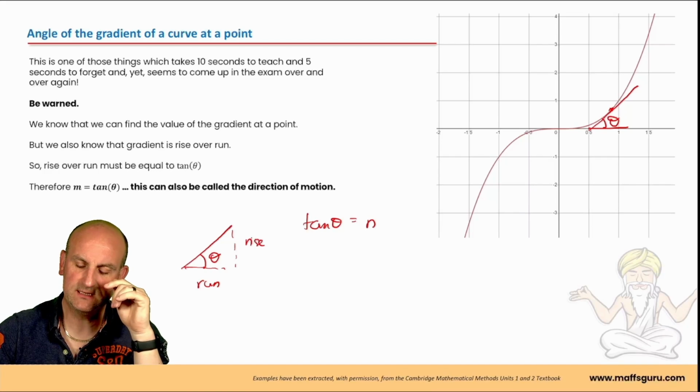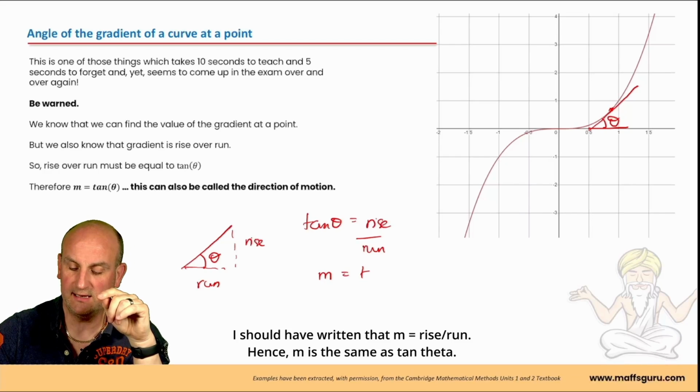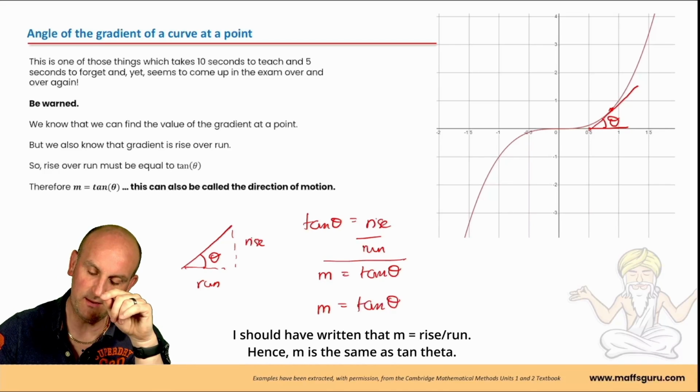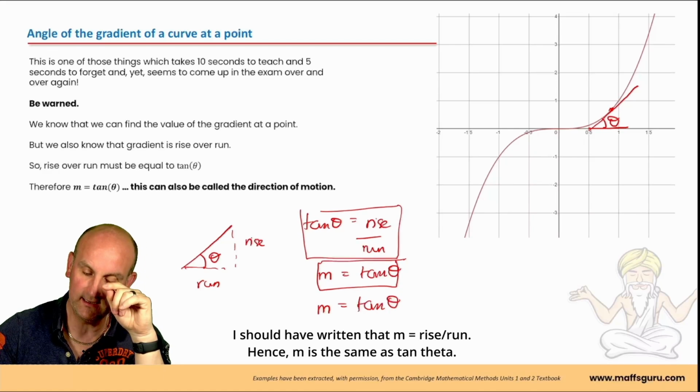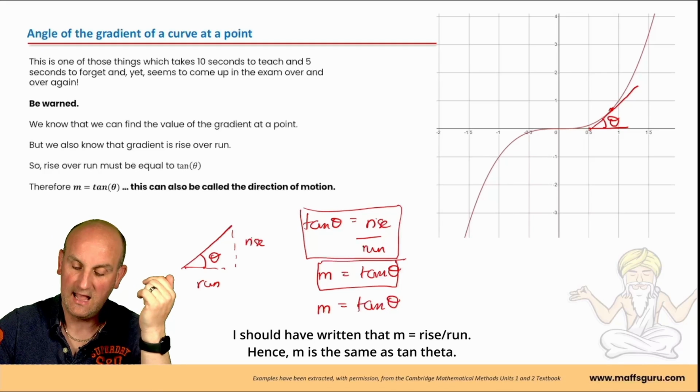So tan theta is equal to rise over run, because it's opposite over adjacent, and we know that the gradient of a line is m, so m equals tan theta. Oh my goodness, m equals tan theta.